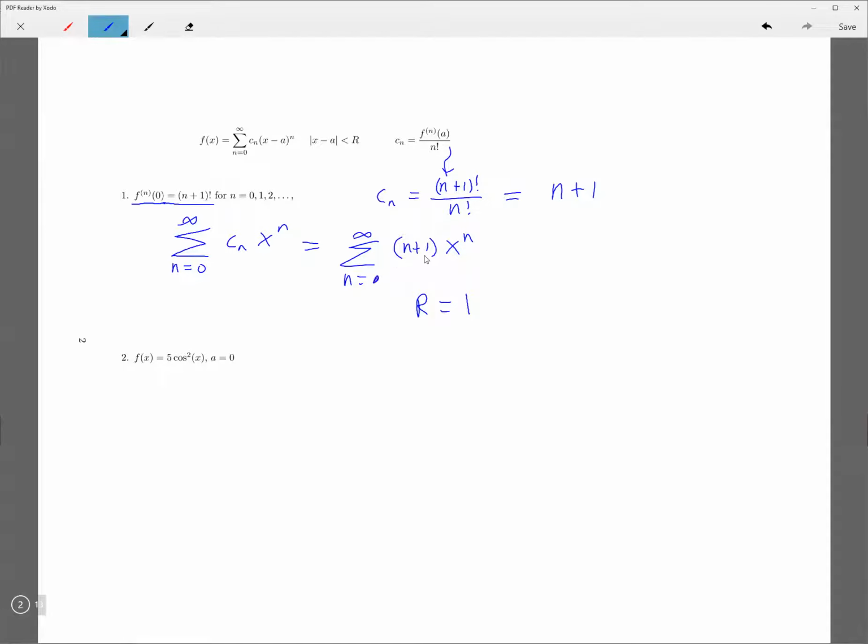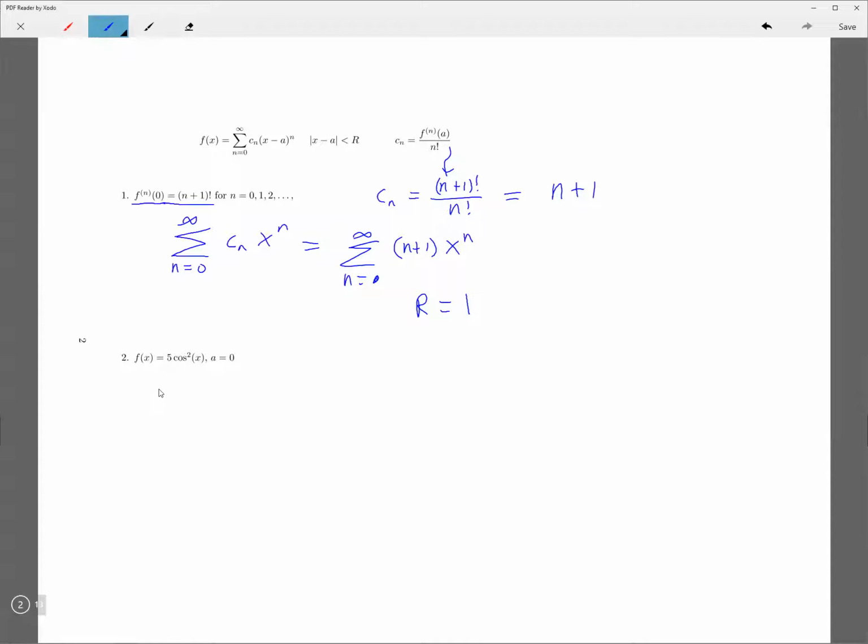It sounded like it. Okay, so this n plus 1 is just p-series stuff, right? So that doesn't really change the radius of convergence. So you're just looking at this, which if you do the ratio test, you're going to get 1.